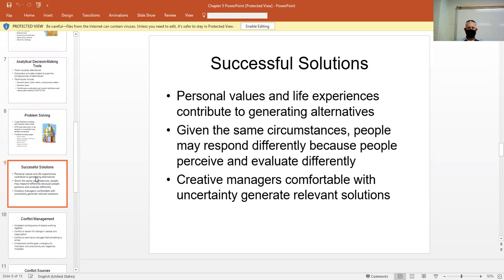Personal values and life experiences contribute to generating alternatives. That's basically what I was talking about. The more experiences you've had, the more people that are available, your values play a big role in decision making.